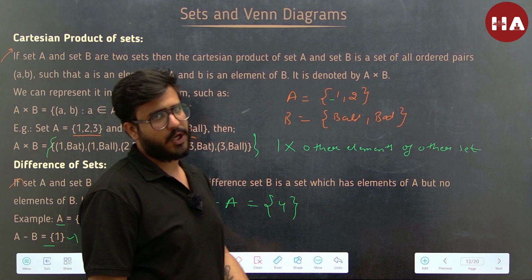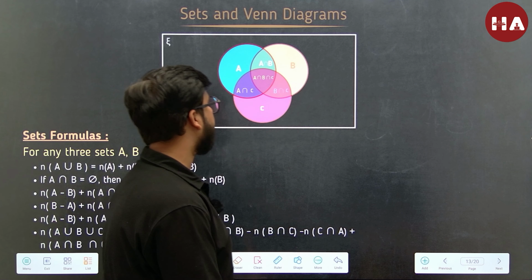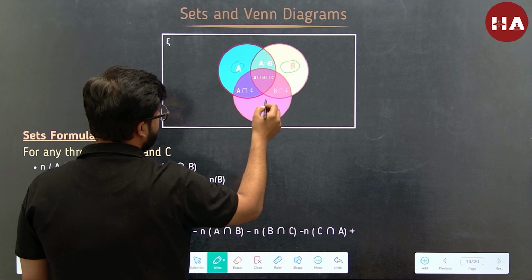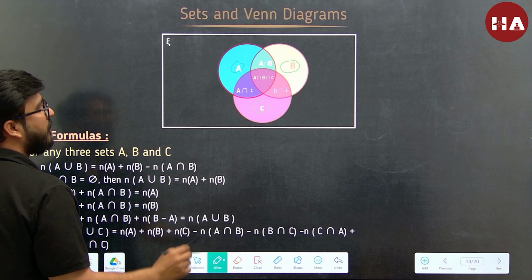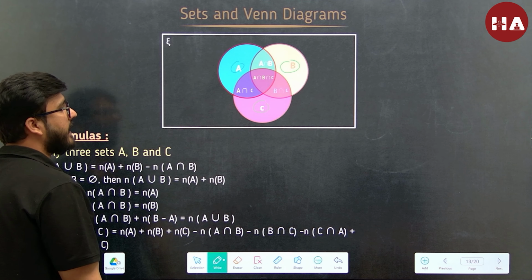Okay students, I hope you got the concept till now. Now let's move forward, where we have been given 3 sets A, B and C. You have to figure out which sets are coming in common in the intersection.